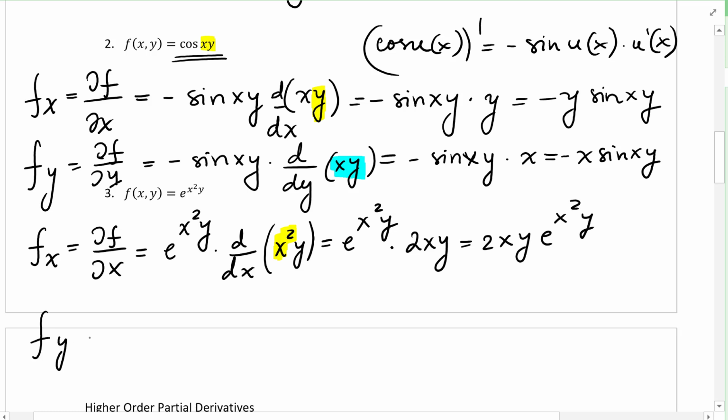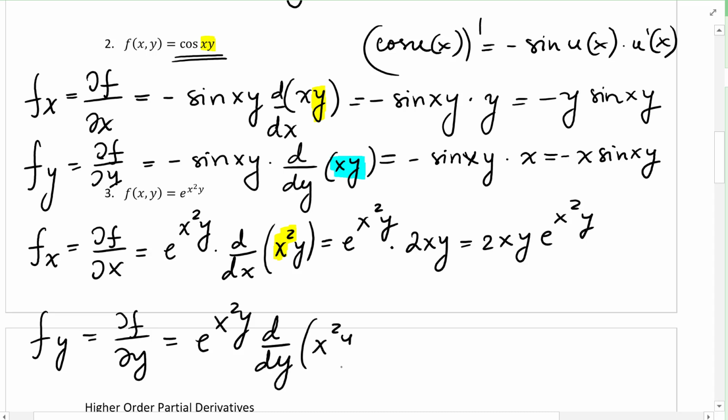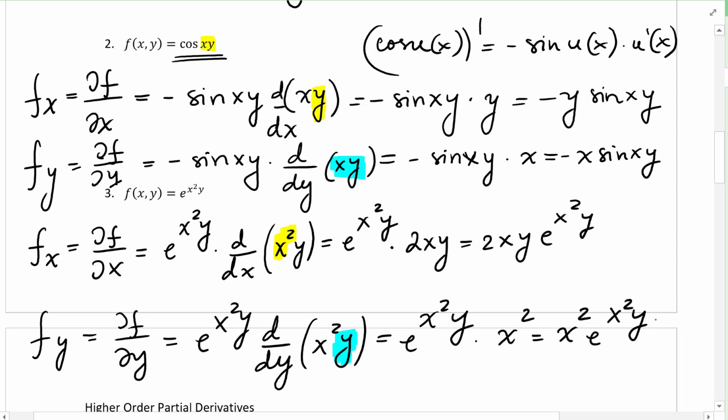And f sub y is df/dy, which means e to the x squared y times the derivative with respect to y of x squared y. So this time we differentiate with respect to y, so y prime is 1, so we end up just with a constant. So it's e to the x squared y times x squared, or x squared e to the x squared y.